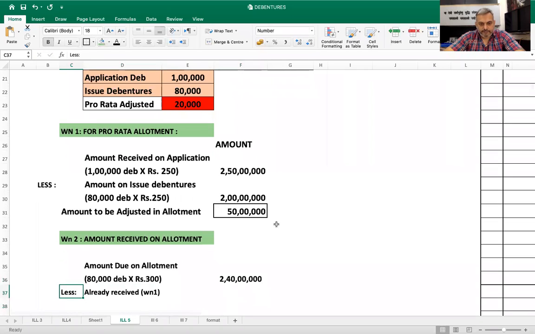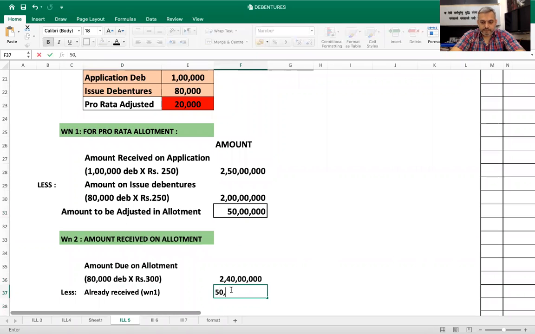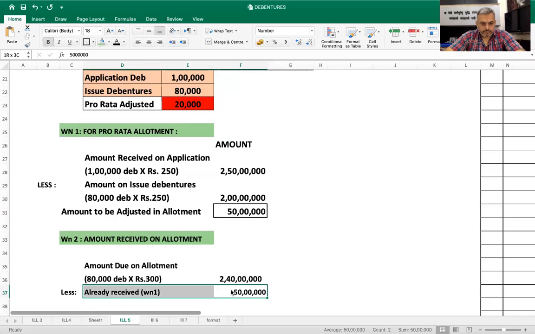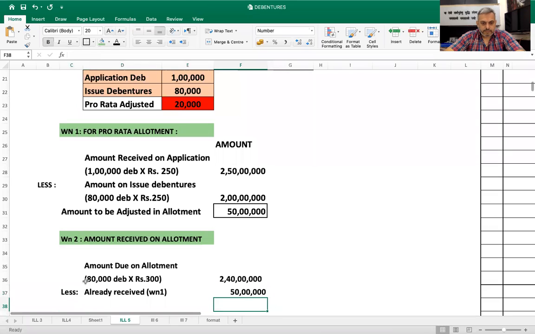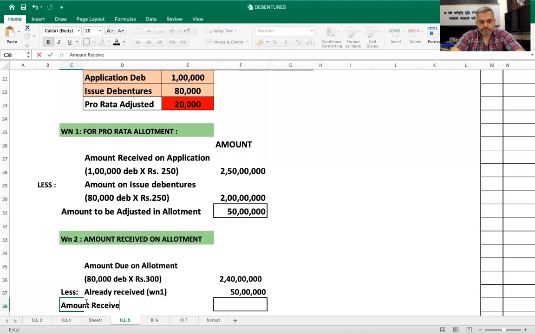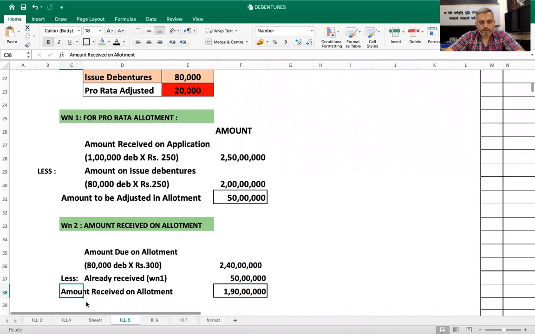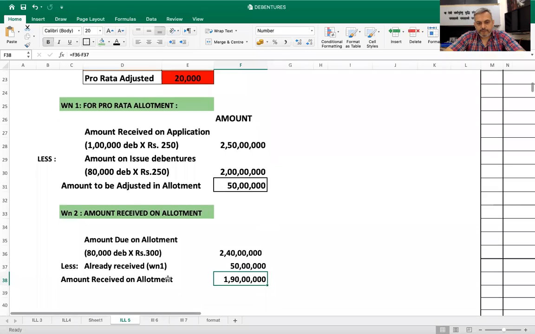You can see over here we have already received this 50 lakhs over here. So 50 lakhs. Amount received on allotment: 2 crore 40 lakh minus 50 lakh, 1 crore 90 lakhs. Please do this working.